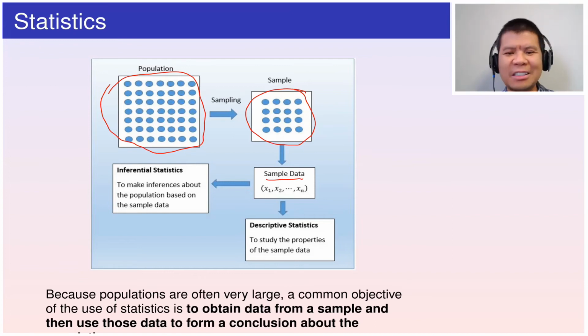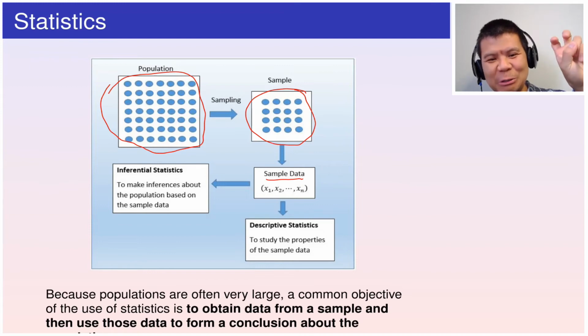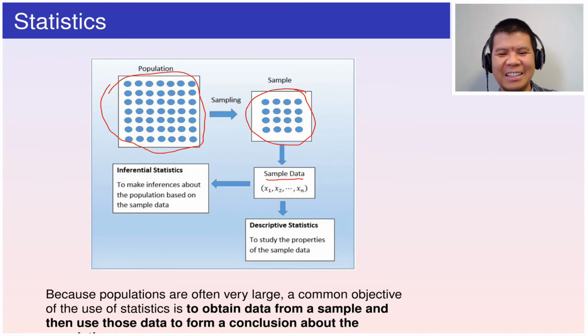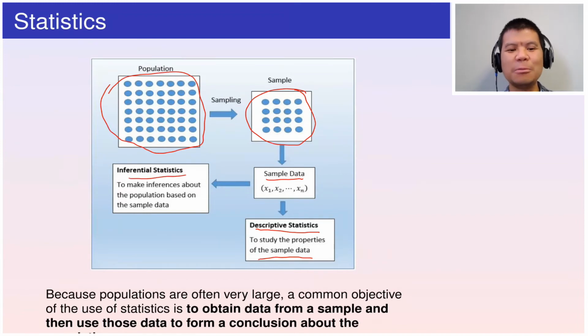And then the two branches of statistics. What does descriptive statistics do? It's just to study the properties of the sample data. Inferential statistics is to make inferences about the population based on the sample data.